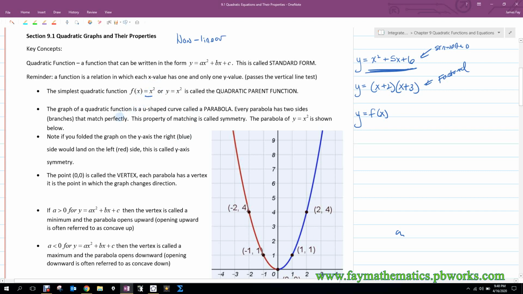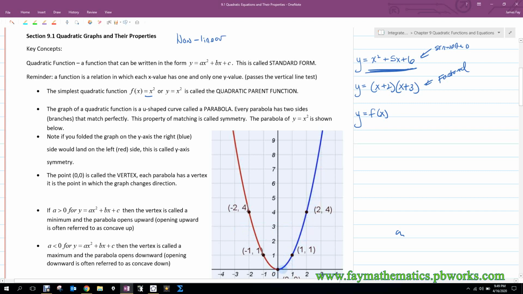It says the graph of a quadratic function is a U-shaped curve called a parabola. If we look at this shape down here, it's U-shaped. We call that a parabola. Every parabola has two sides or branches that match perfectly. I've tried to color code it.